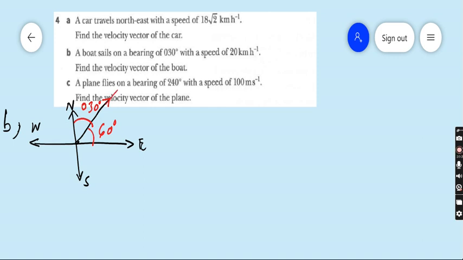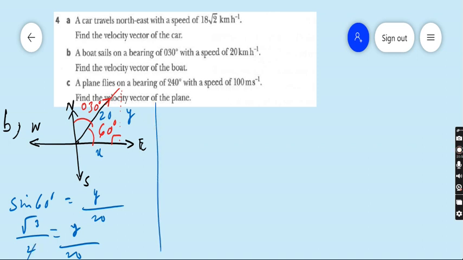And again draw the perpendicular line. This is x, this is y. Find sine and cos. Sine 60 equals opposite upon hypotenuse. This time the speed is given as 20. Sine 60 is root 3 upon 2, equals y upon 20. 2 tens are 20, so y is 10 root 3, this is the position y.